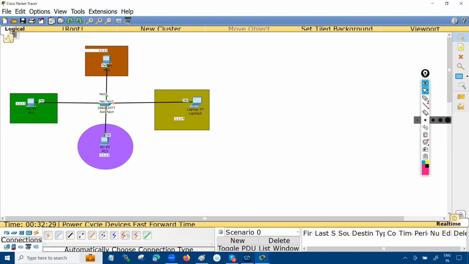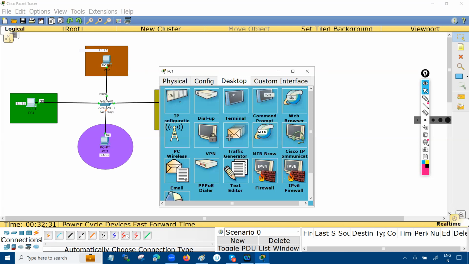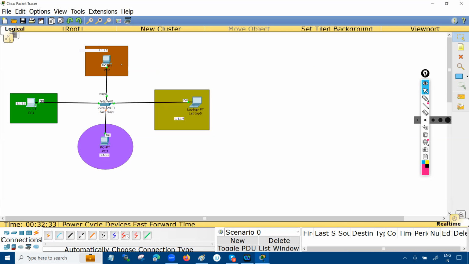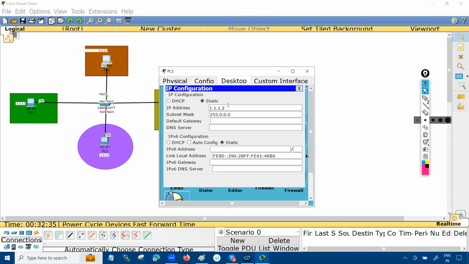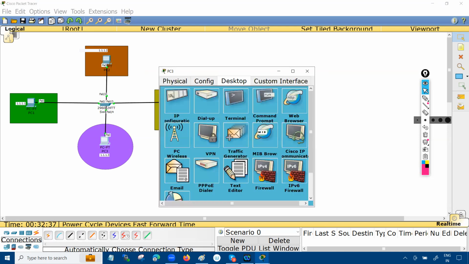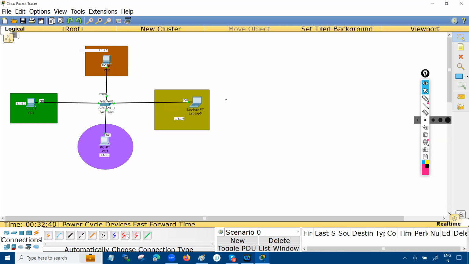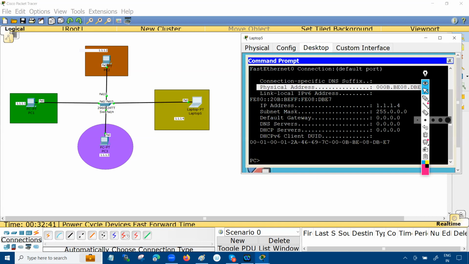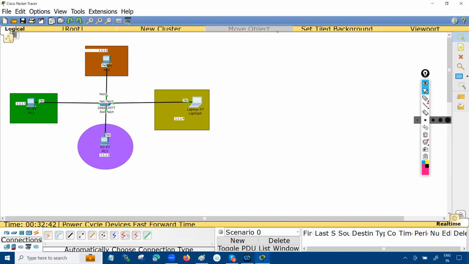I already have IP addresses configured over there, so there's no issue with the IP and PC2 as well. Question: does STP only run once when we turn on the switch, or does it continue after connecting a new device? The spanning tree is enabled by default, so it will run continuously.